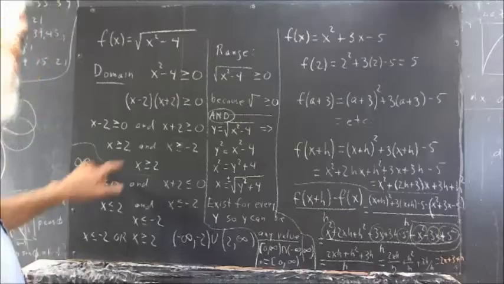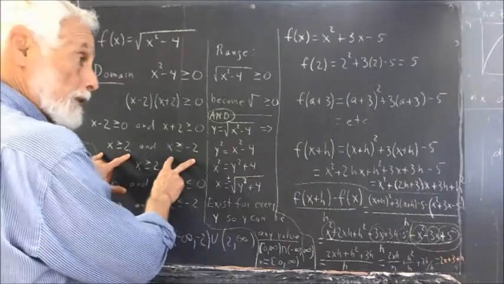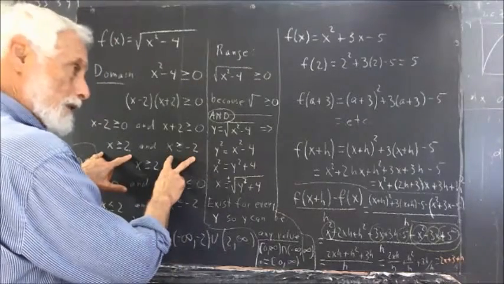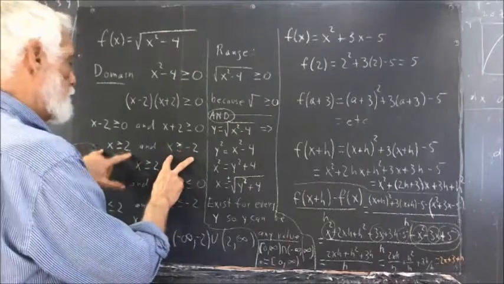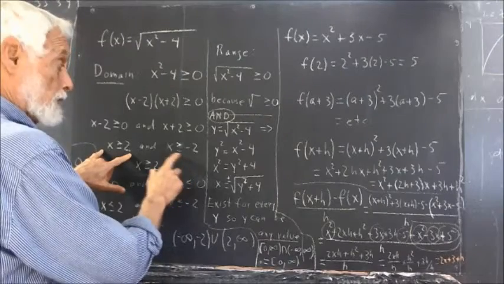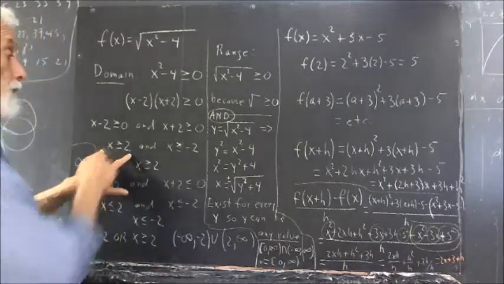Now, if x is greater than or equal to 2, then it's certainly greater than or equal to negative 2. So this inequality covers this one. This inequality, though, can be true without this one being true. x could, for example, be negative 1. Negative 1 is greater than or equal to negative 2, but it's not greater than or equal to 2.